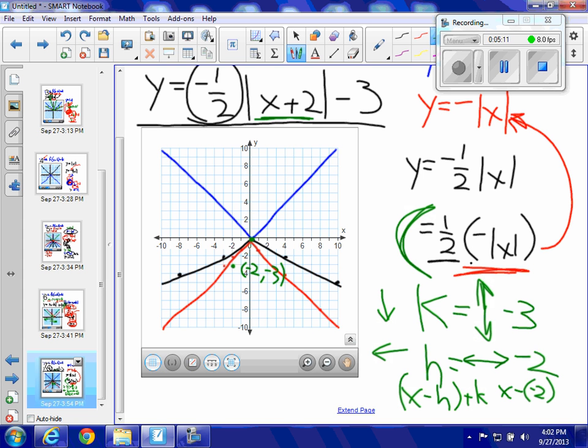Let's take this point over here, which at the time was 4, -2. I'm going to go to the left 2, 1, 2, and down 3, 1, 2, 3. It's going to be this point right here, which is the point 2, -5.